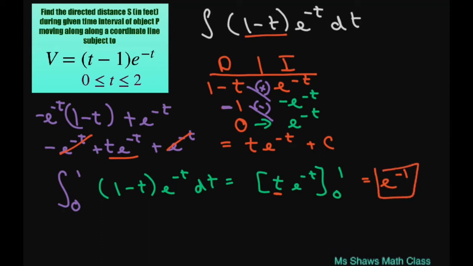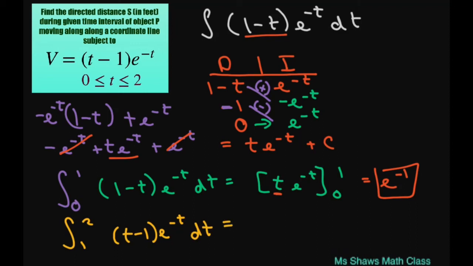For the second one, we had the integral from 1 to 2 of, let's see, it should be t minus 1 times e to the power of negative t dt.